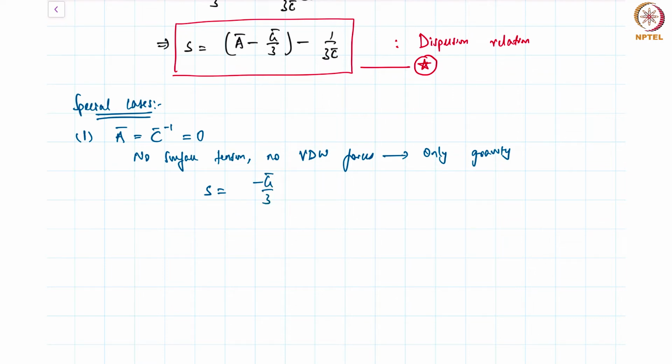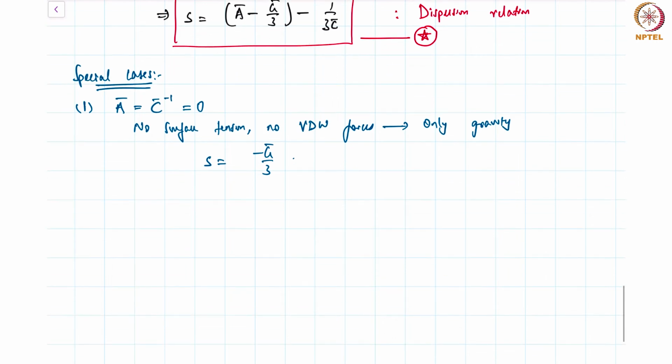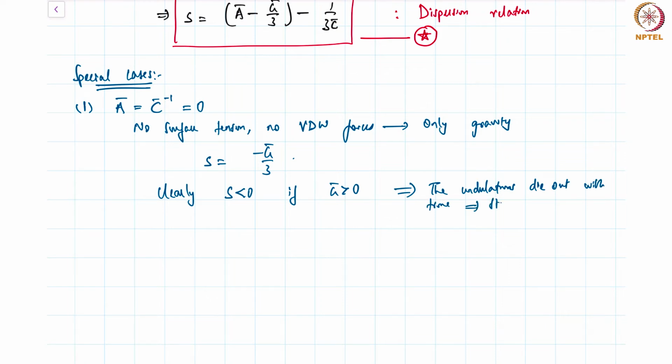Right? So clearly S is less than 0 if G bar is greater than 0, which means that if the gravity term is positive, then S is always less than 0. It means that the undulations die out with time, and this is a stable flow.